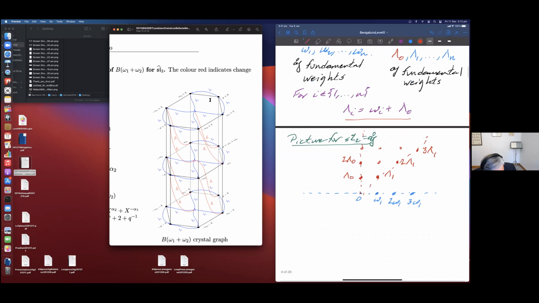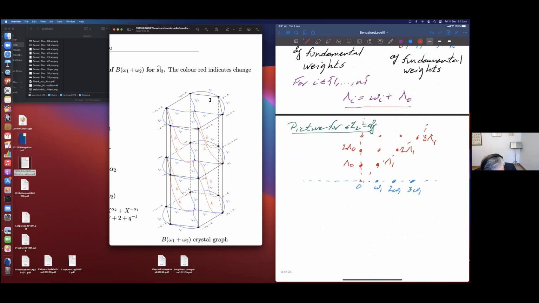So that set I will call H Z star positive. This is the non-negative linear combinations of lambda 0 up to lambda n.